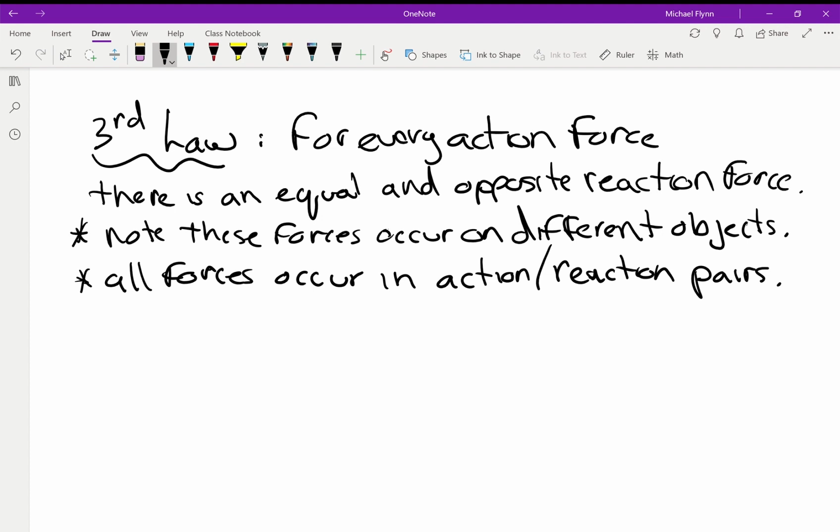Say for example, here's a table, and here's an object sitting on the table. Let's say this is a book. The free body diagram of the book looks like this.